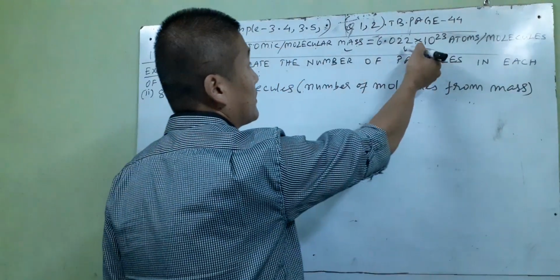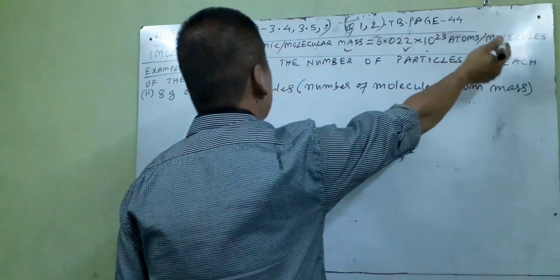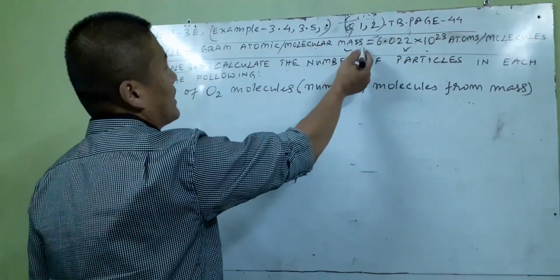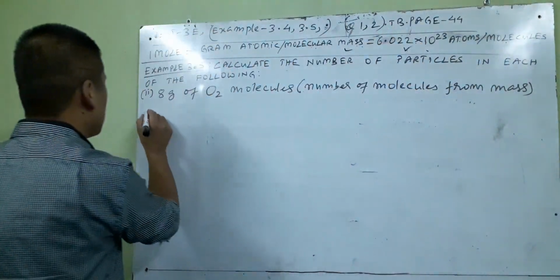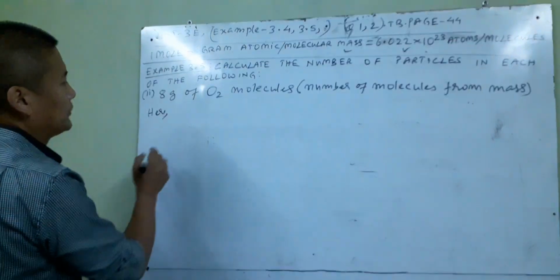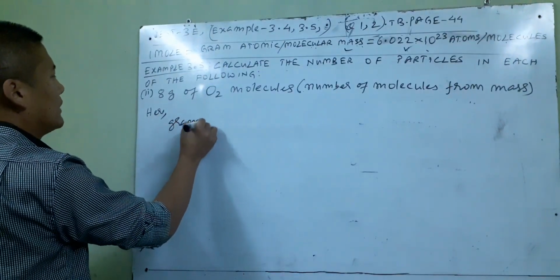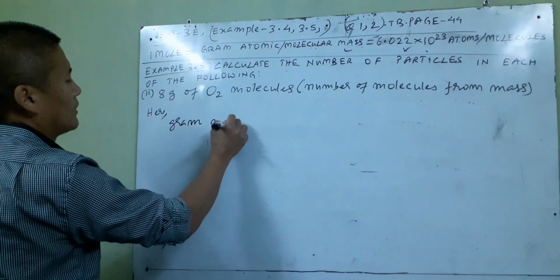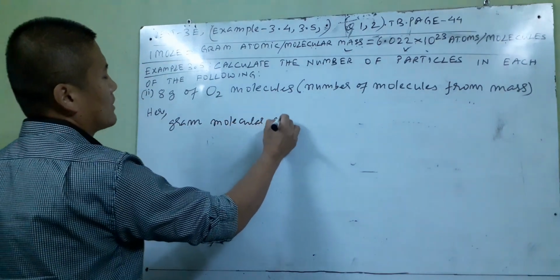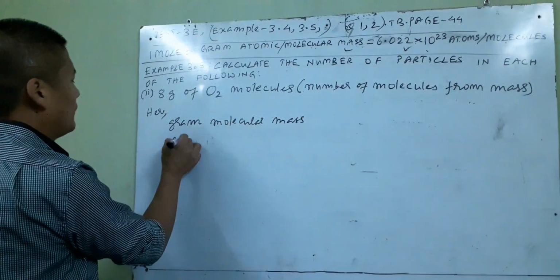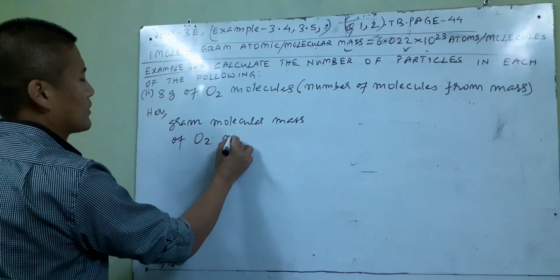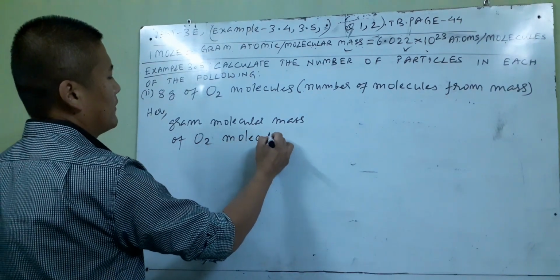So we have to use the same formula, number of atoms or molecules, and gram molecular mass, mass and number. So just like we did just now, you write here gram, and very clearly it's molecule. So molecular mass of O2 molecules. They have even written molecules.